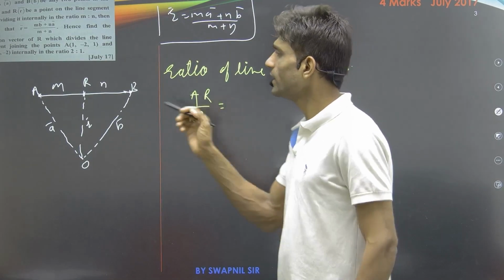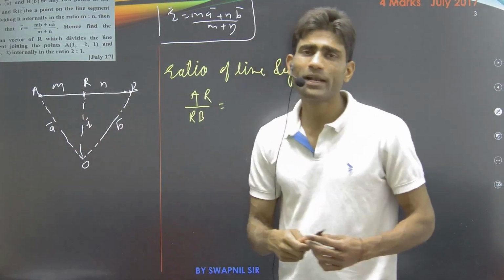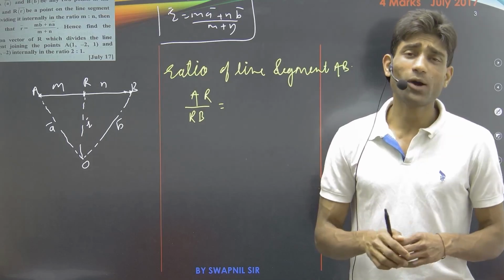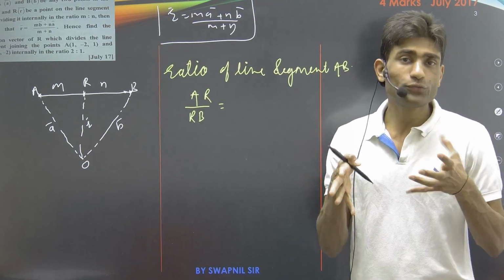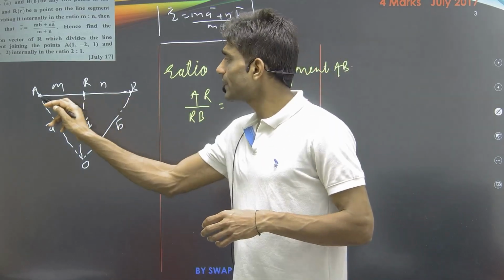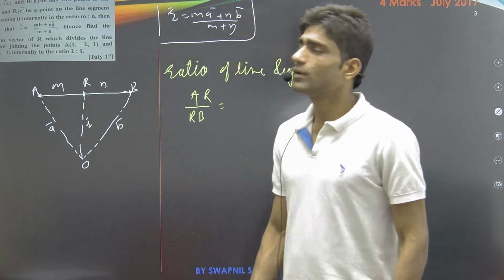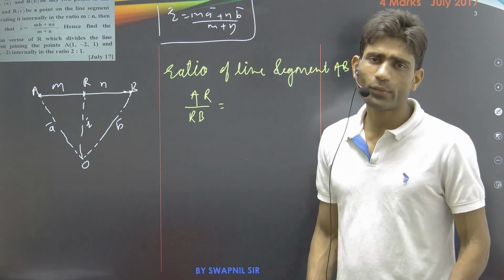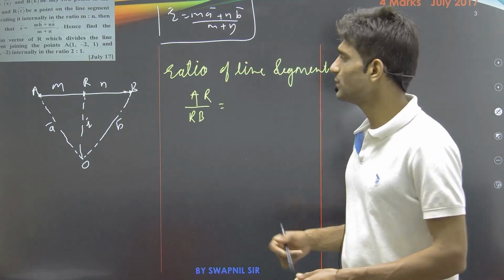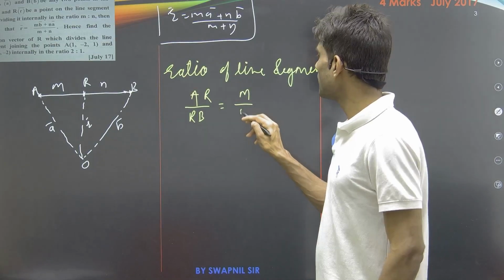So if we take the ratio for the line segment AR divided by RB, that means we have to take the ratio of their values. We know that the value of line segment AR, which we have given here as m, and RB given here as n.